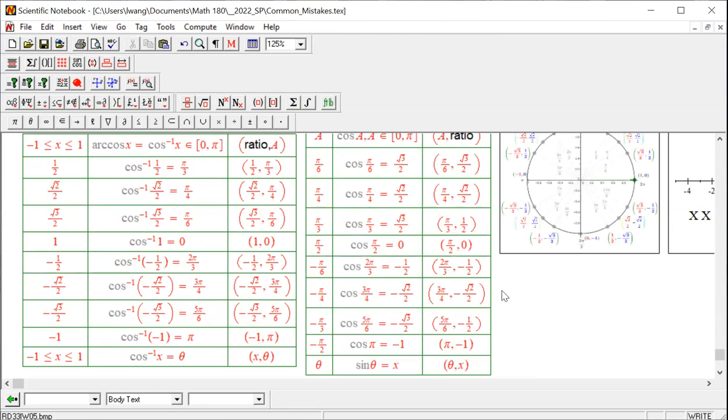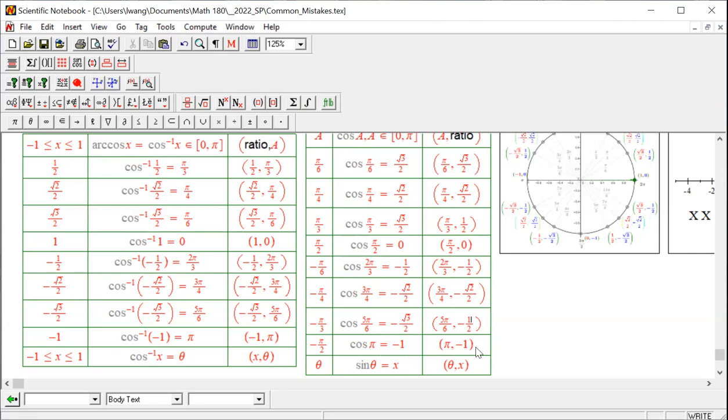Wait, am I right? Let me double check, okay? Negative half, negative root 2 over 2, that's correct. Negative root 3 over 2, that's 5 pi over 6. So cosine 5 pi over 6 is negative root 3 over 2.